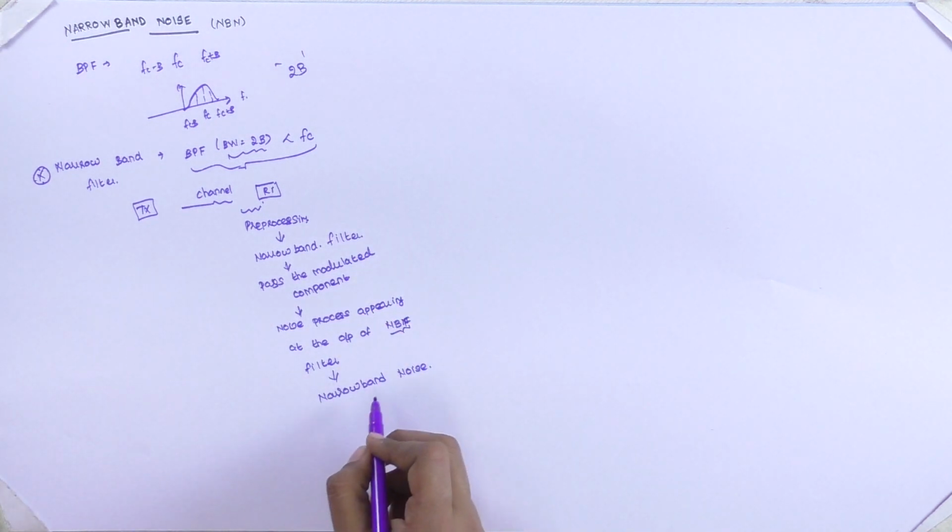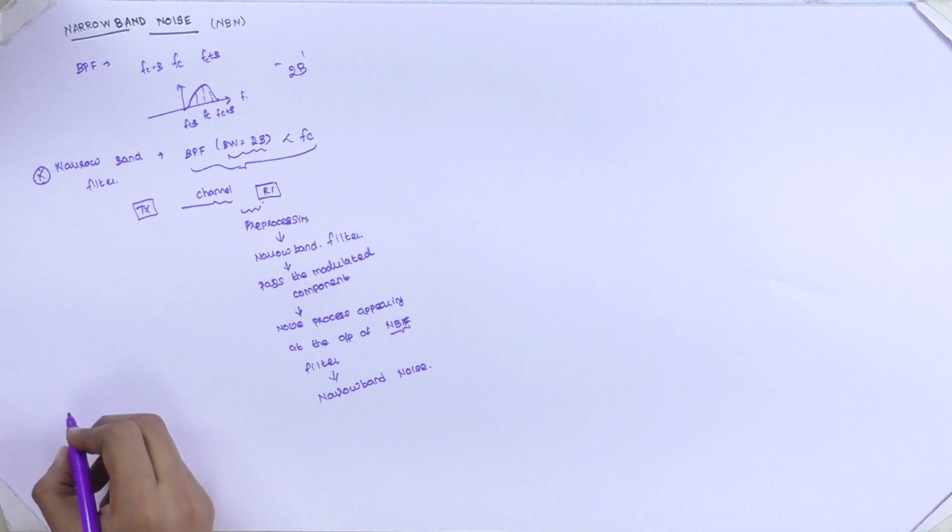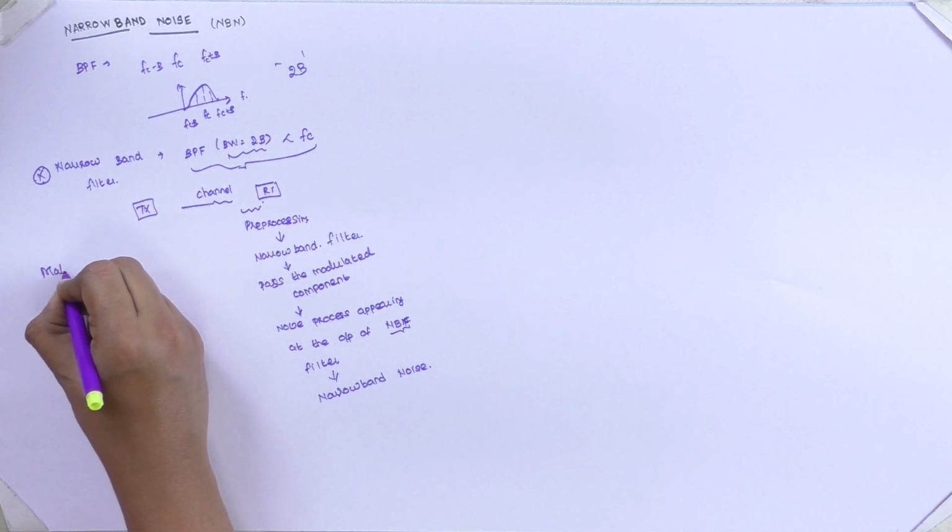To analyze the performance of a communication system in the presence of this type of noise, particularly narrowband noise, we are in need of a mathematical representation.